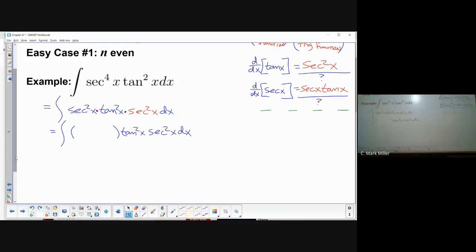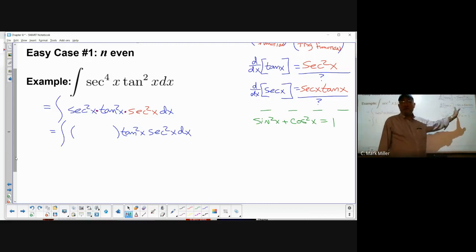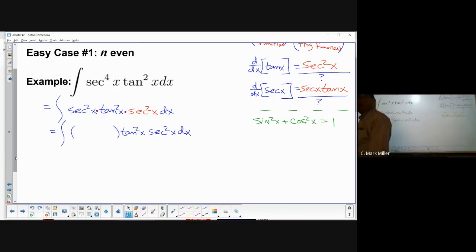Now, let's suppose you forgot that. I've told you what to do. You start with the basic identity. That's the fundamental trigonometric identity. Now you think, what is it I need? I don't know what secant squared equals. Well, how do I get secant squared here?